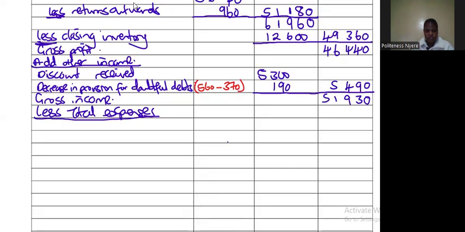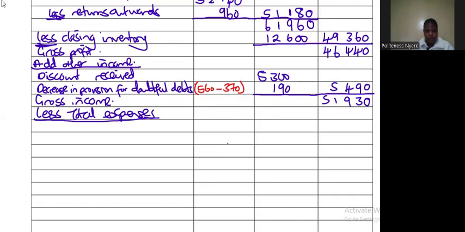So wages for motor vehicle driver. So say 80% times 11,500.